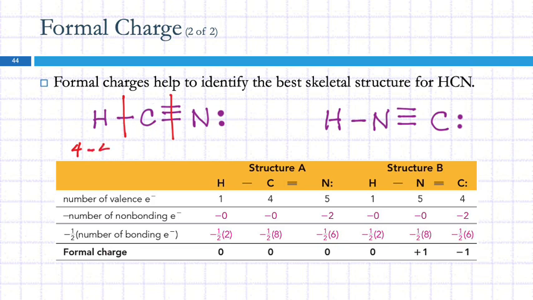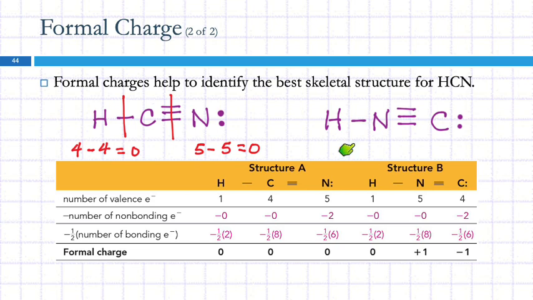So 4 minus 4, 0. So that's the formal charge for carbon. Nitrogen brought 5 to the business, and when we break everything up in this molecule, it's leaving with 1, 2, 3, 4, 5. Leaves with 5, 0, broke even. Everybody broke even. That's a good thing.